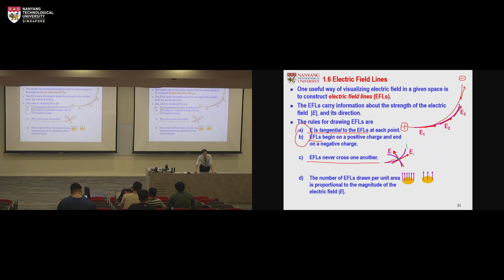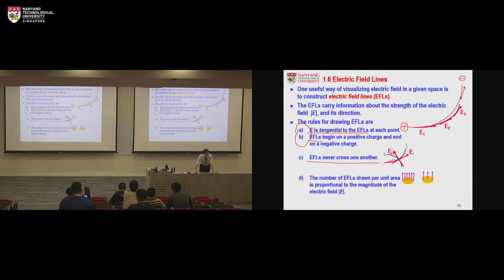Well, if you do the same based on electrical field line 2, you will find another E at the same point. At the same point, you will have 2 E along different directions. Of course, this is physically impossible. At any fixed point, E must be fixed, meaning there can be only one direction. So this is how you understand you will never have 2 electrical field lines cross one another.